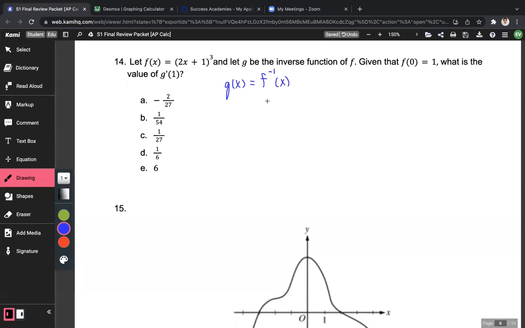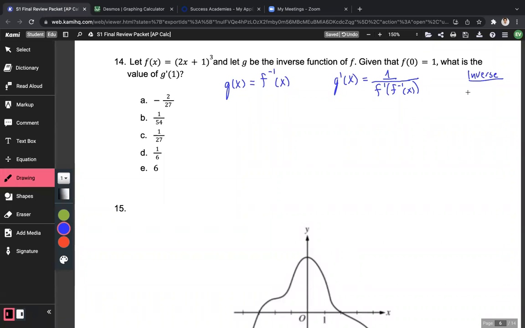And we should remember that if that's the case, then the derivative of my inverse is going to equal 1 over f prime of f inverse at that point. If I wanted to, I could replace f inverse of x with g of x, but inverses sometimes confuse us. So just a reminder, this would be a very good thing to jot down.